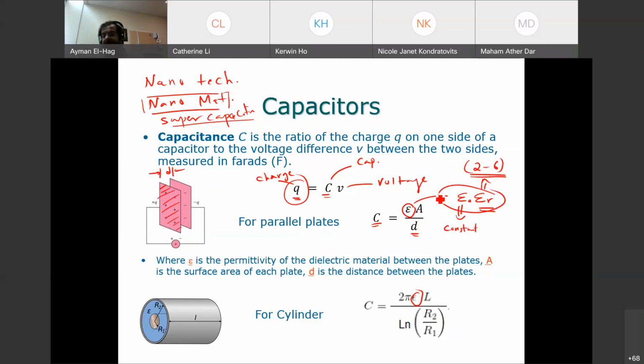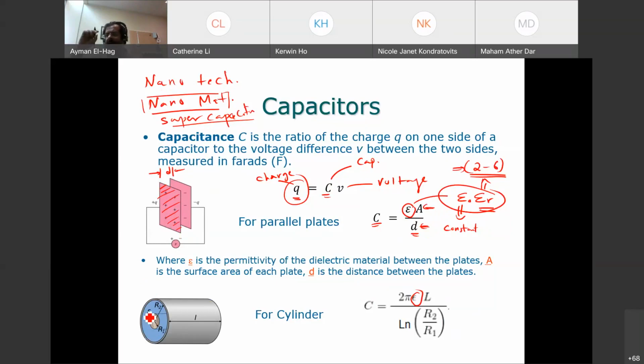Before, we had limitations here, and the only two parameters we can change are the cross-sectional area and the distance. Now the distance, we can bring the plates closer and closer. However, we have a limitation, because if we make the distance too short, there is high voltage on one side and ground on the other side, so there is an electric stress.